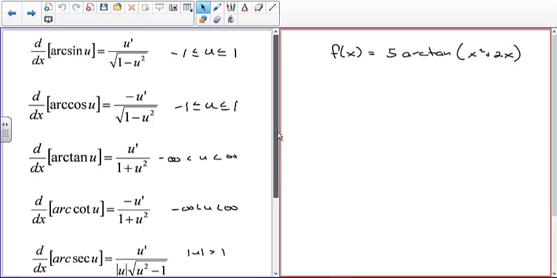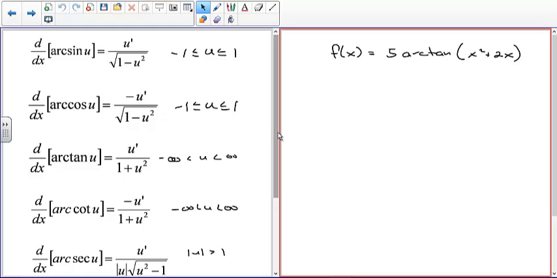So these are all the derivatives of the arc trig functions. Notice they're using the chain rule version of it. I showed you 1 over the square root of 1 minus u squared, but if you use the chain rule, it would be 1 over the square root of 1 minus u squared times u prime. So these are all just the chain rule versions of the derivatives.